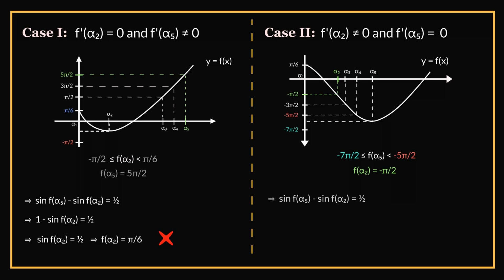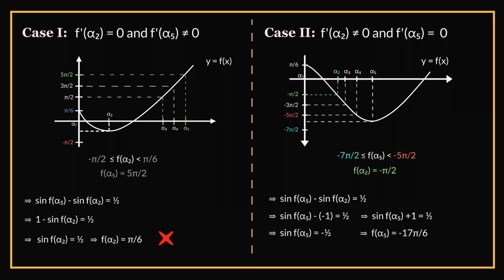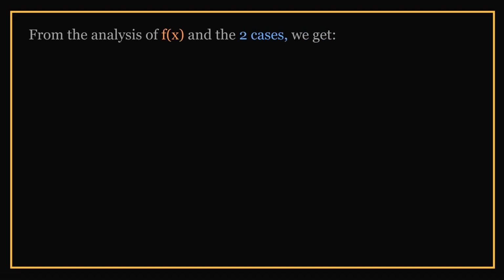Now, checking if it satisfies the equation. Seems like minus 17 pi by 2 satisfies the equation within the given range. From the analysis of f(x) and the two cases, we get f(alpha 5) equal to minus 17 pi by 2 and alpha 5 as the critical point, minus p by 9 pi.